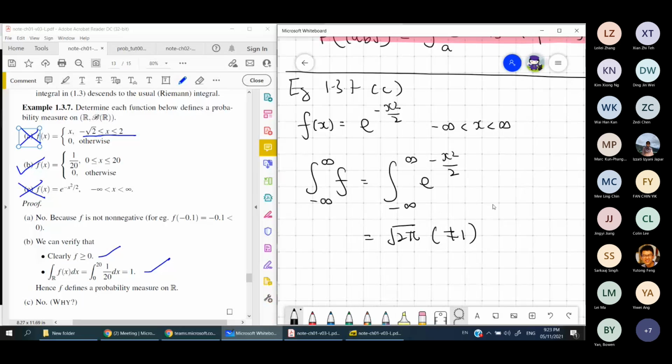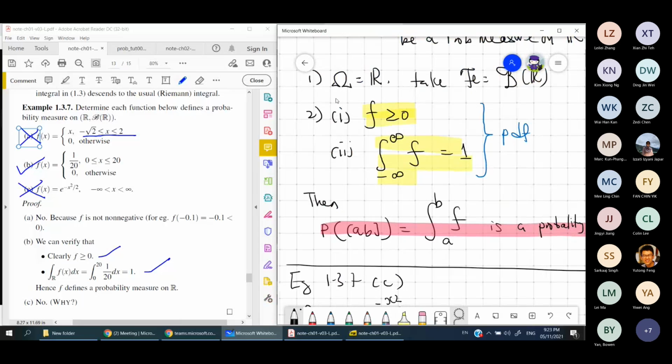So hence you can say that it does not produce a probability measure.